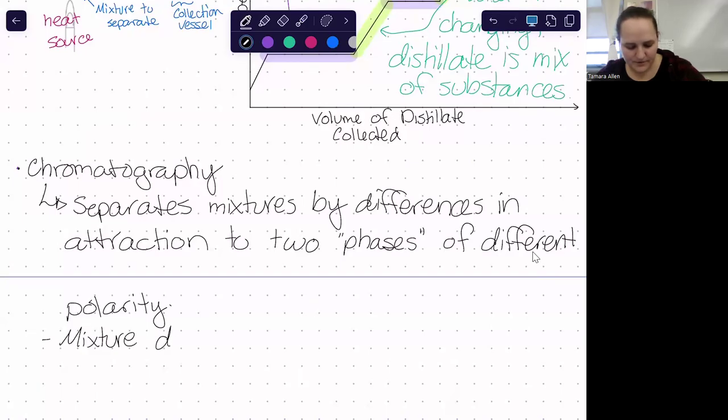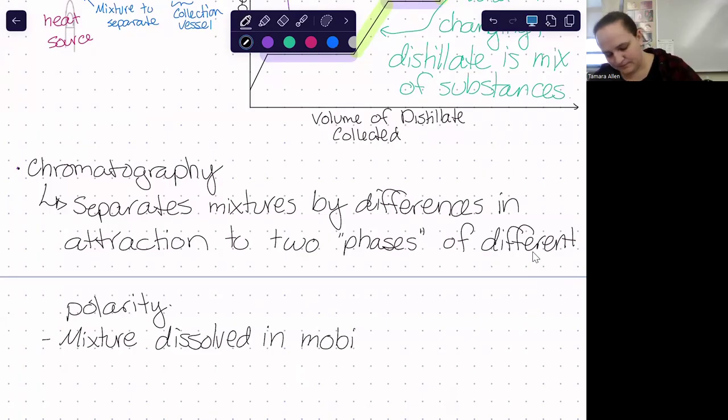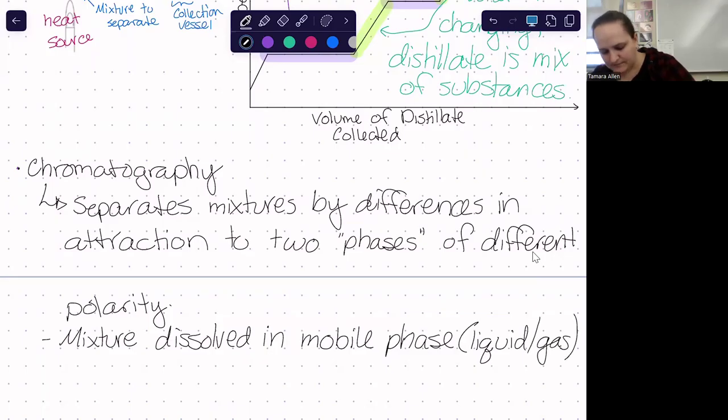we have our mixture dissolved in what is known as the mobile phase, which in general can be either a liquid or a gas. We are going to focus on types of chromatography where the mobile phase is liquid. Gas chromatography is kind of its own separate thing.